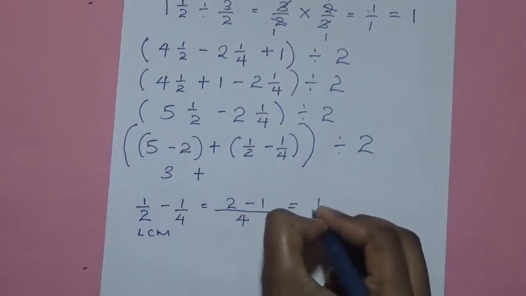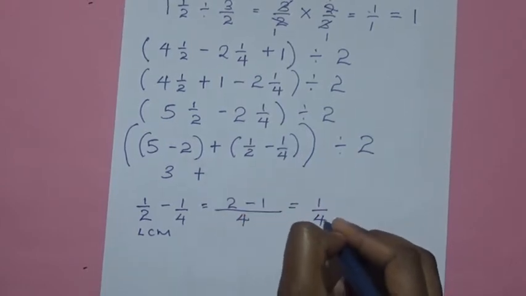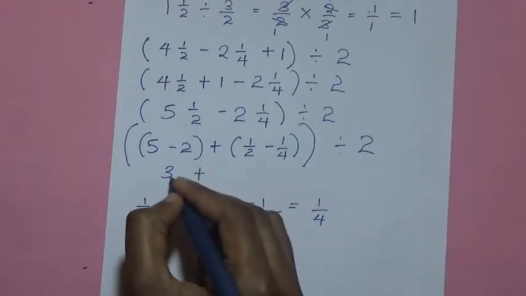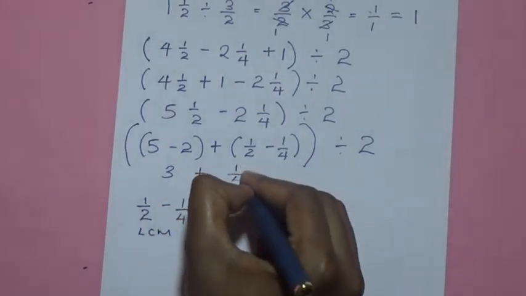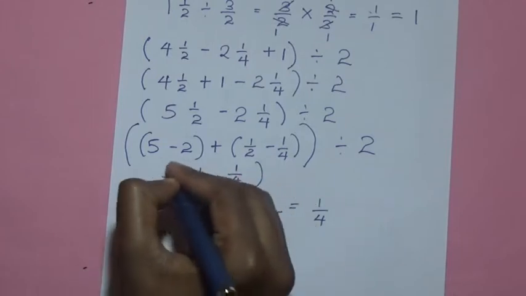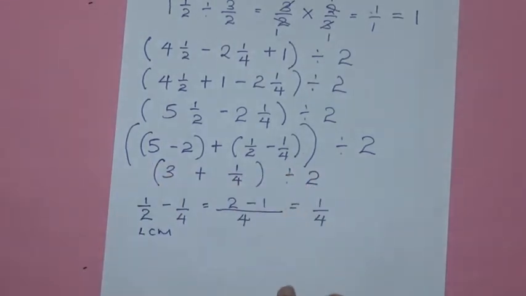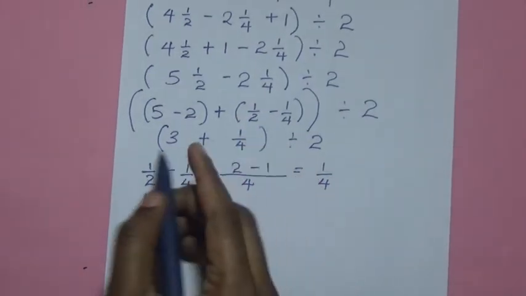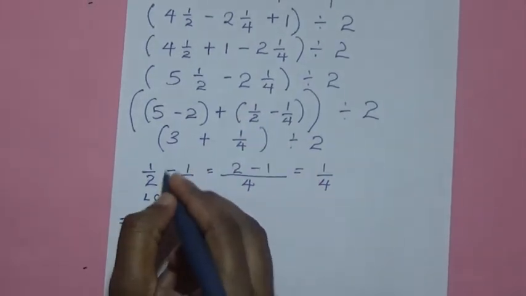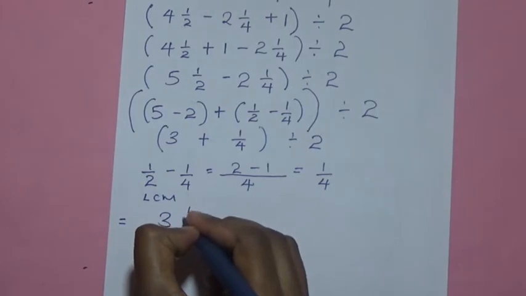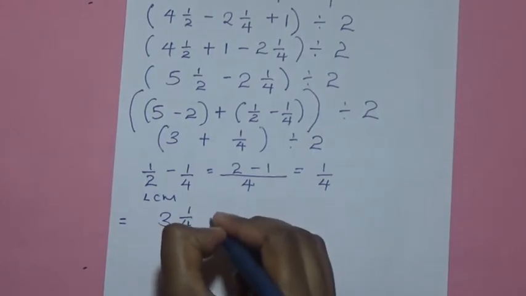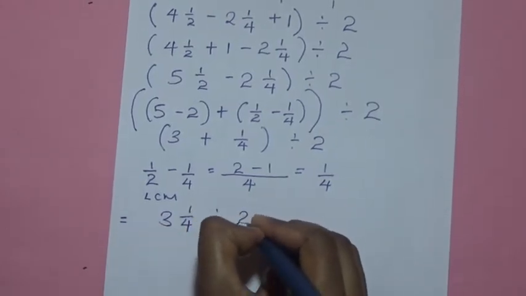So it will be 1/4, which is a quarter. So it will be 3 plus a quarter, close the brackets, divided by 2. Now what we are left with is 3 and 1/4 divided by 2.